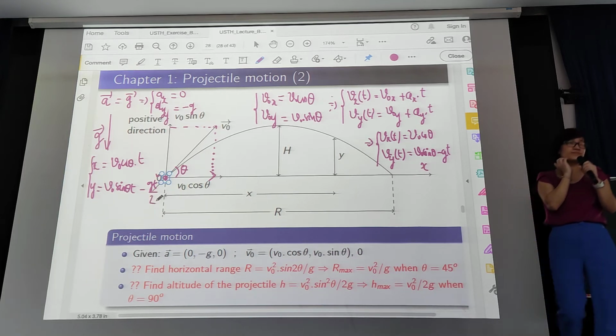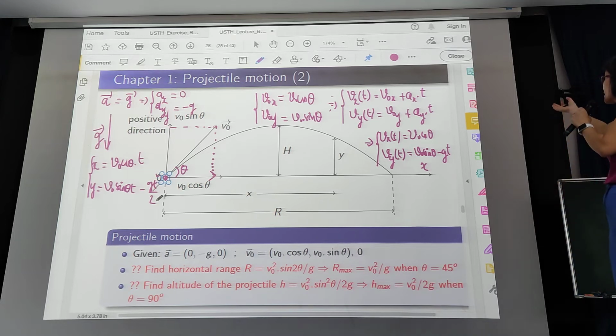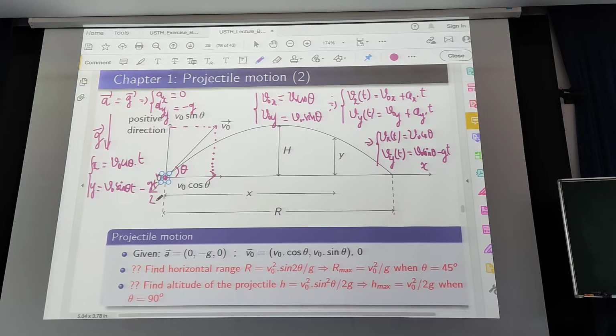Okay? So you see that the velocity along x is constant. It doesn't depend on time. And the velocity along y depends on time as a linear function, v0 sin theta minus g t, right?